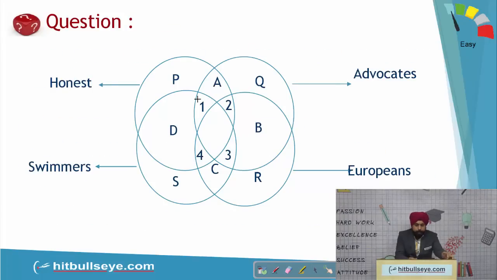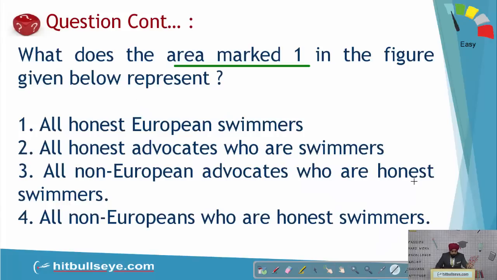Students, area marked 1 is within the circle of honest, within the circle of swimmers, within the circle of advocates, but it is outside the circle of European. Right? So it has to be all but Europeans. So you can see first has European, second doesn't have, third has all non-Europeans advocates who are honest swimmers. Right? So it covers all but European. So it is a third option.